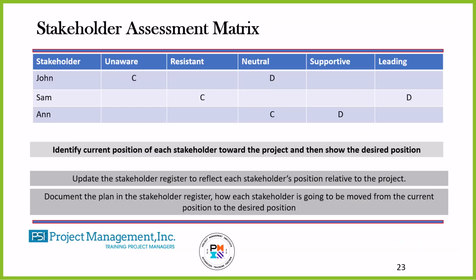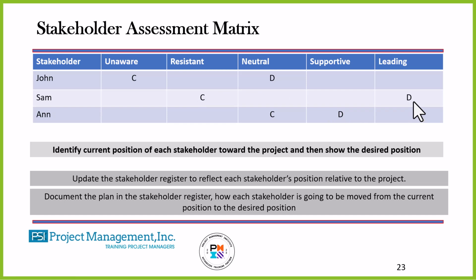So here is the stakeholder assessment matrix. So now you take John. John's unaware. He's out in La La Land. And I'd like to move John to the desired position of neutral. Then I have Sam. Sam is resistant. But Sam's important. I need Sam to be in a leading position. That's going to be a long haul, isn't it? To move someone from resistant to leading.